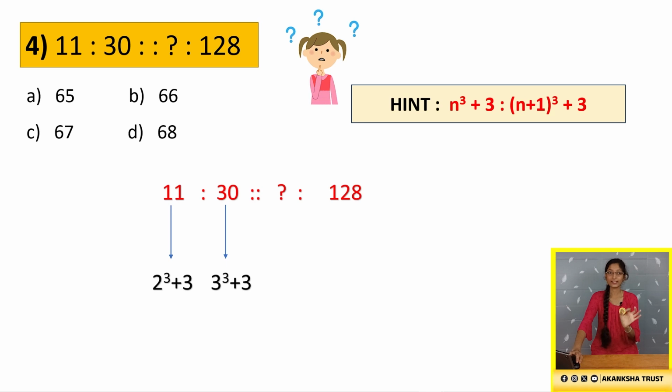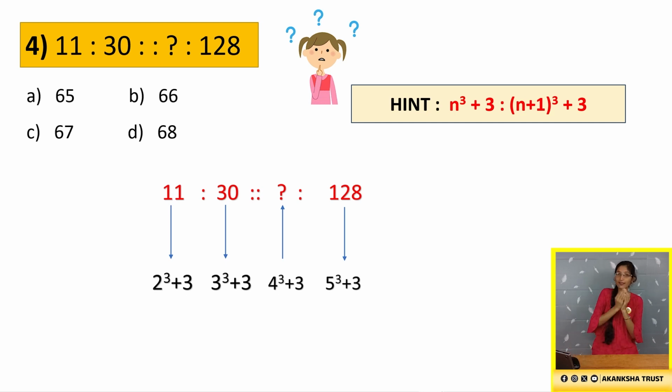Following the same pattern, see 128. Which cube number? Okay, it is already given. Before that, let's see the 128. See 5 cube. 5 cube is 125, a cube number which is very near to 128. Then 125, what do we have to do? Adding 3. So 125 plus 3, 128.